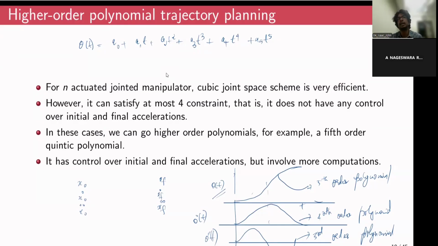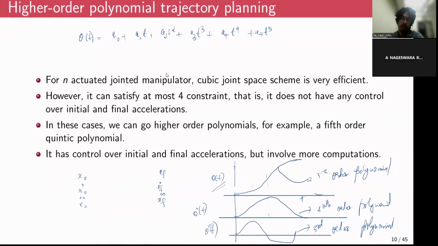You will have to make a compromise between the smoothness of your trajectory and your computational time, depending upon your priority. You can either sacrifice computational speed for a smoother trajectory or sacrifice smoothness for higher computational speed. All right, so that is about higher order polynomial trajectory planning.